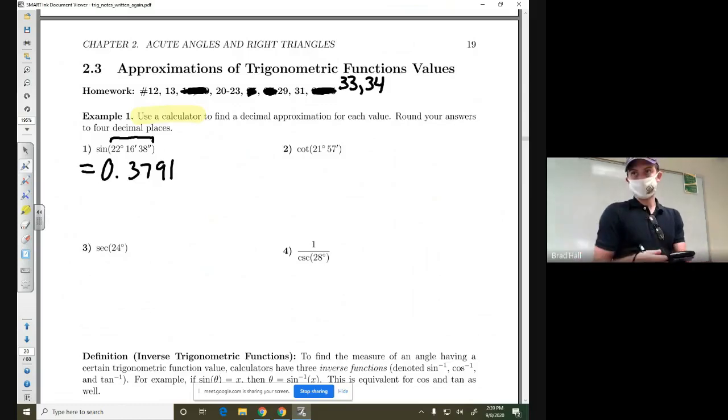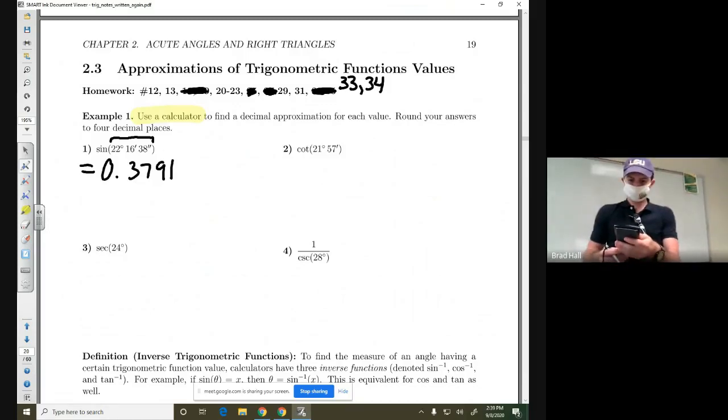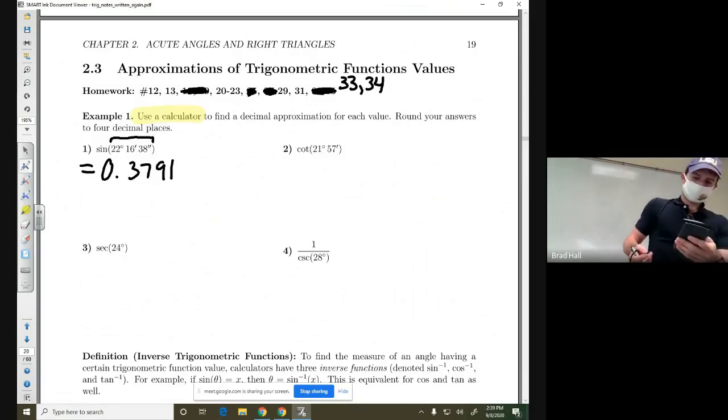I get 3791. So this is initially to just make sure you can put these in the calculator correctly. Did anyone else get something different?